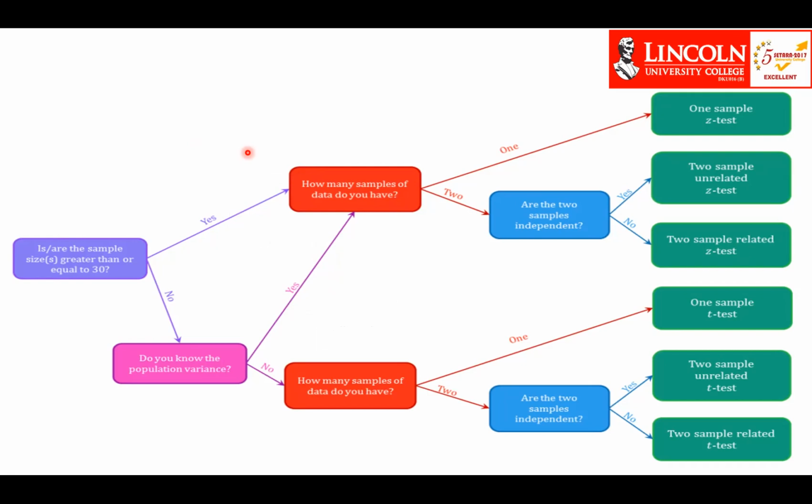If you know the population variance, that takes you to how many samples of data do you have. If you don't know the population variance, how many samples of data do you have still?